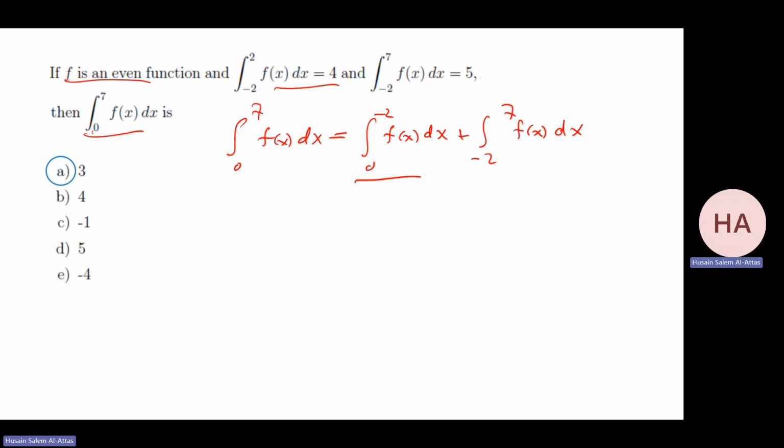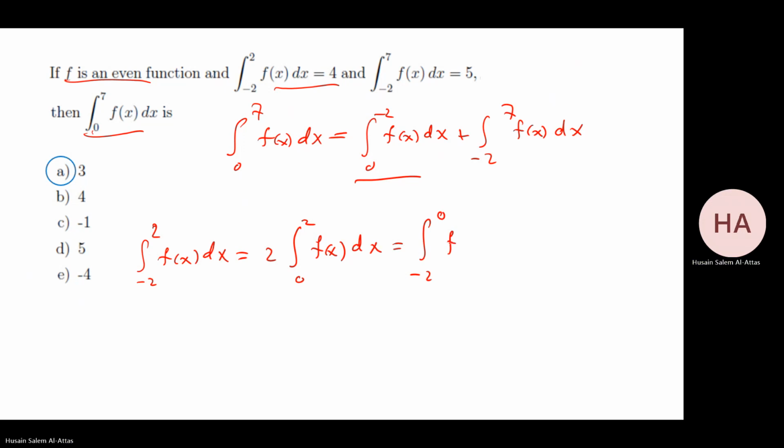So I have what? Yeah, let me do it in details. I have minus 2 to 2 will be 2, 0 to a, 0 to 2 in this case. Or I can write it minus 2 to 0.